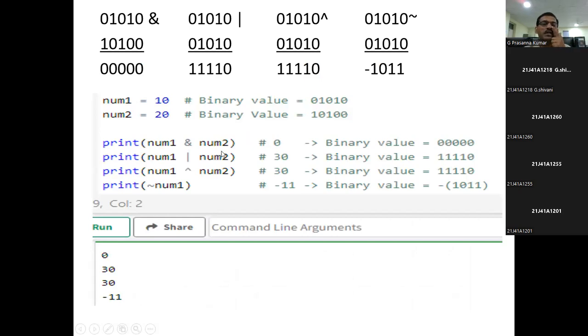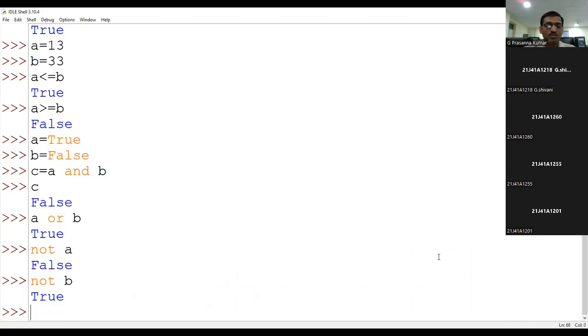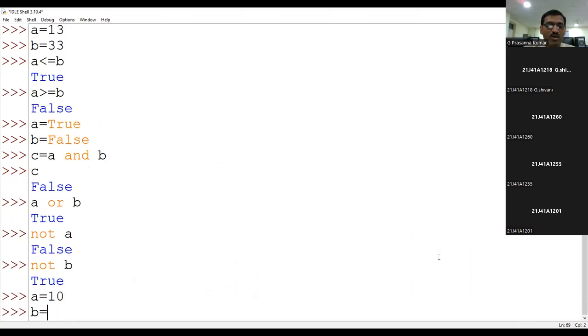For example, we'll take one example. I used A equal to 10 and B equal to 20.